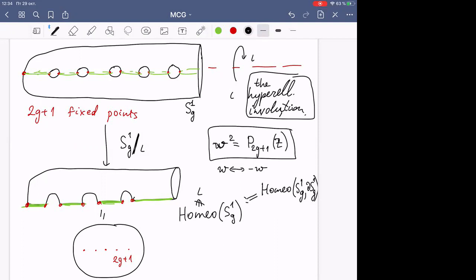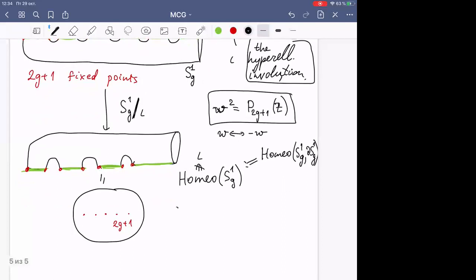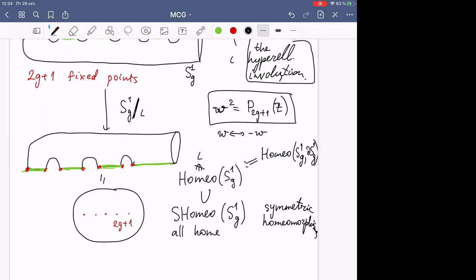Nevertheless, we may consider the subgroup, which is called symmetric homeomorphisms. And this subgroup consists of all homeomorphisms commuting with the hyperelliptic involution.